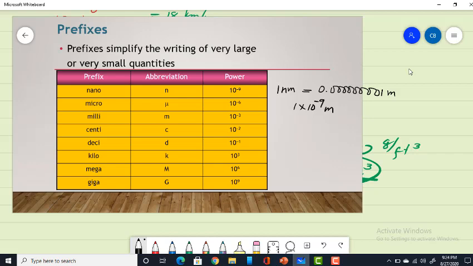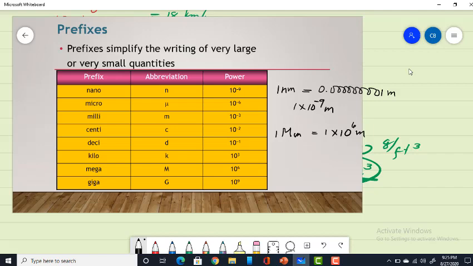So in 1 megameter, that is equal to 1 times 10 to the, what's the power? 6 meters. Okay, so that's the way of writing scientific notation and using the prefixes.